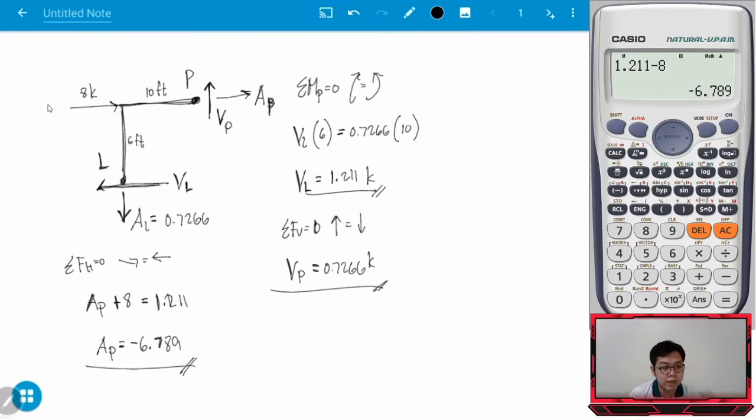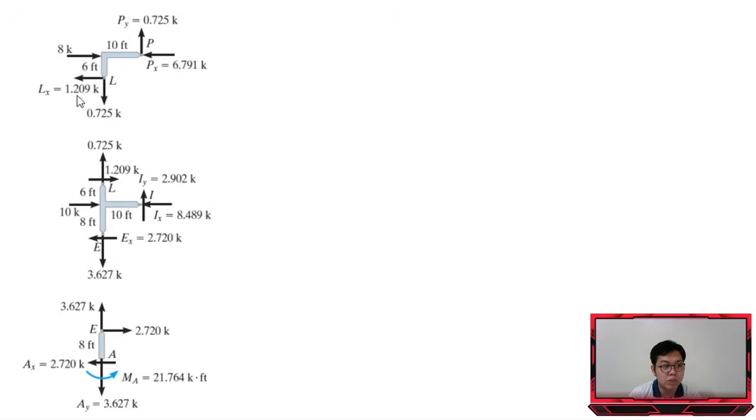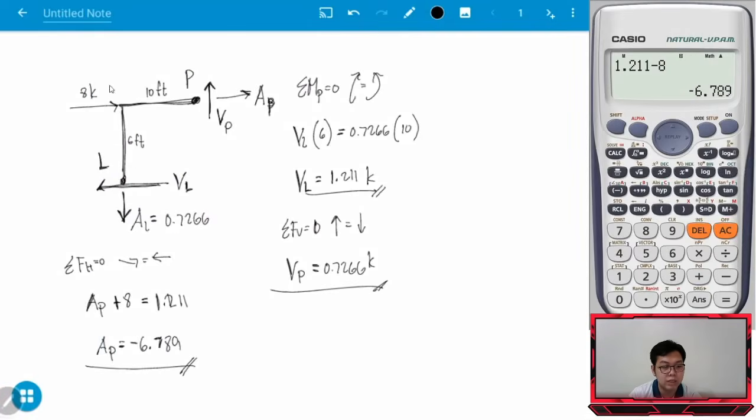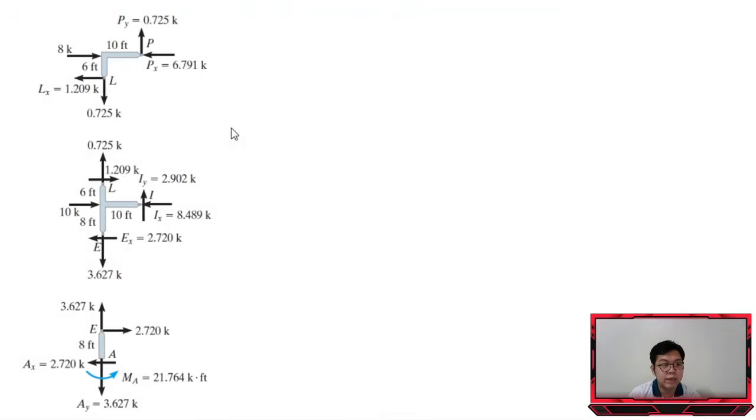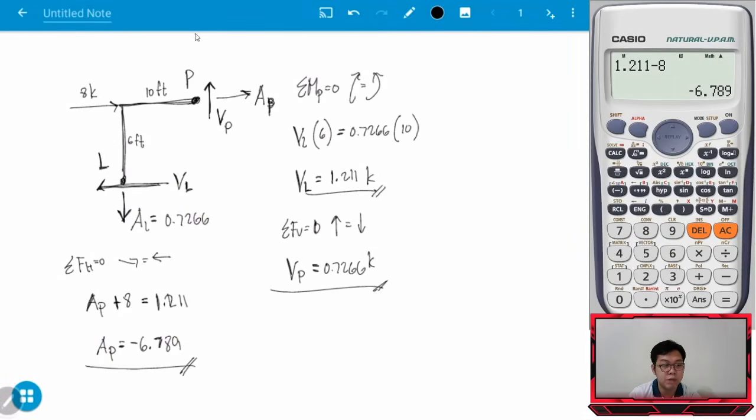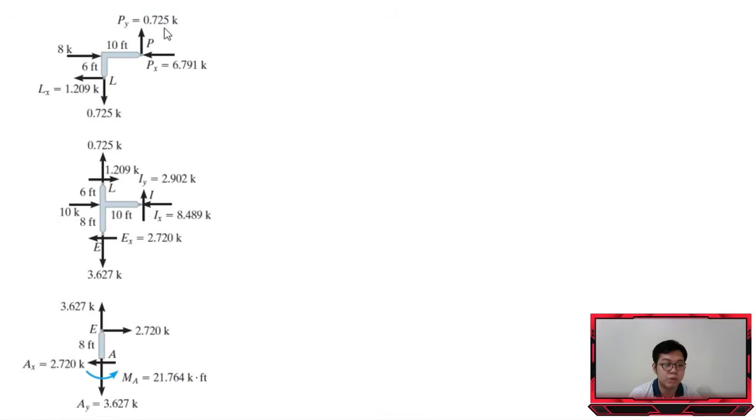Now, yung VL niya is actually 1.209. So sa akin, ano yung VL ko? 1.211. So again, yun nga, discrepancy due to rounding off, no? And then, yung VP niya, which is yung VP ko, is actually 0.7266, which is dapat same lang, 0.725.